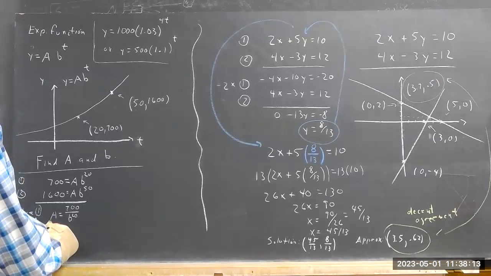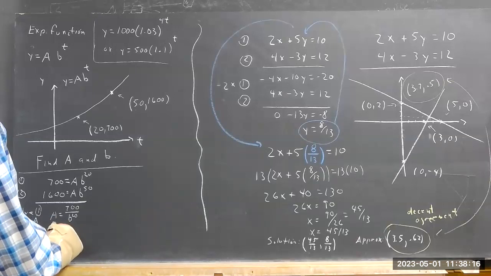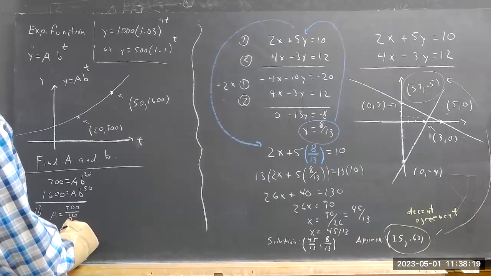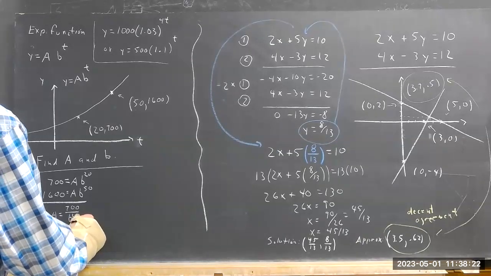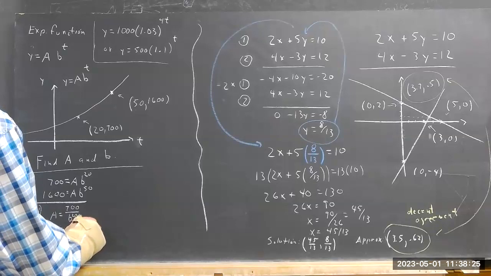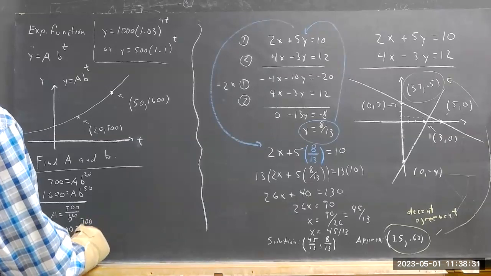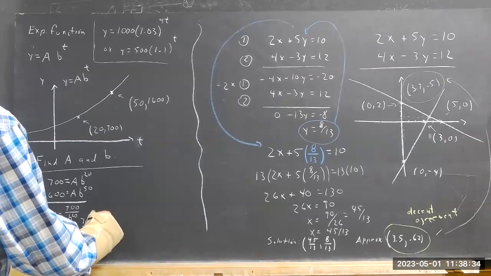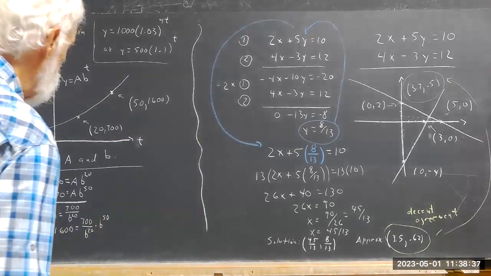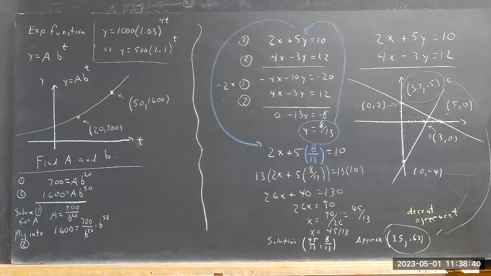Then we get 1,600 equals 700 over B to the 20th times B to the 50th. Now, can we simplify this equation and hopefully even solve it for B? And that might be infringing on unfamiliar territory. We'll see.